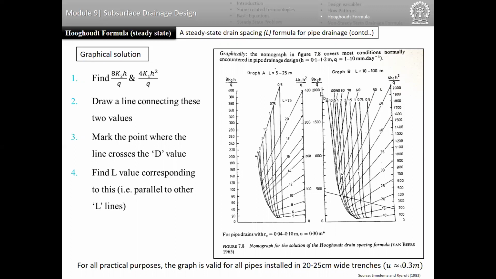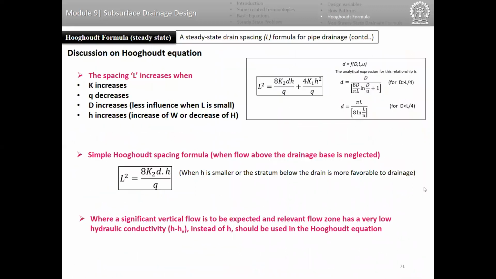We find these values, match them with the depth to the impervious stratum, and select the spacing using this graph. These are the two approaches we have seen. We also saw the relationship between L and the different components in the Hooghoudt equation. This was essentially for the steady state condition.